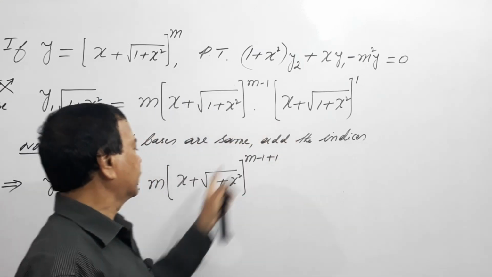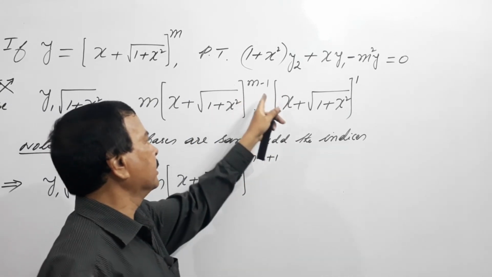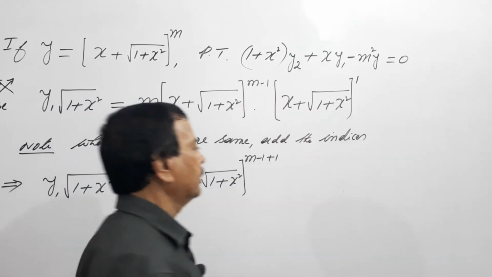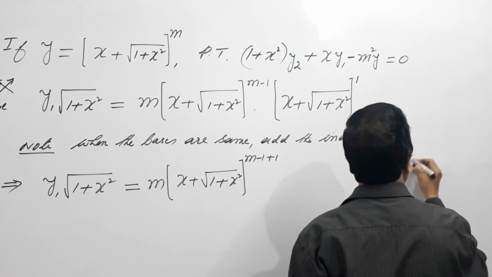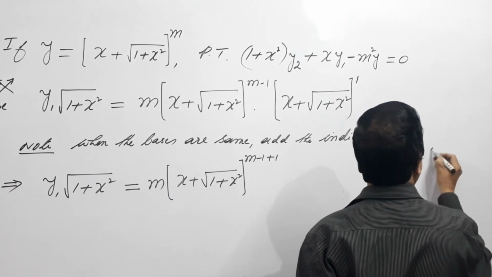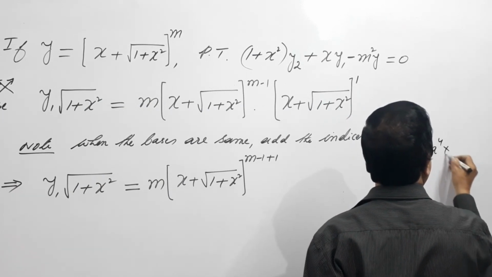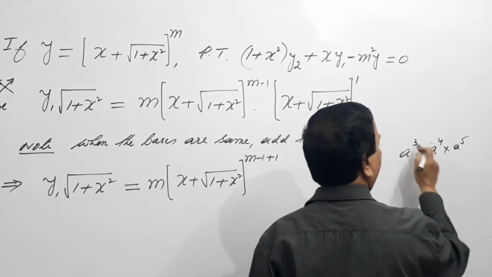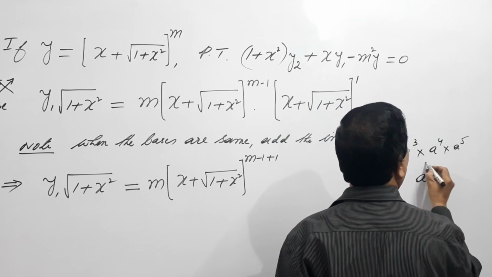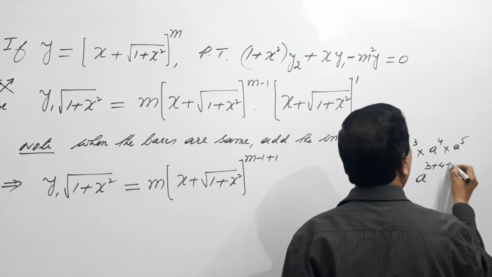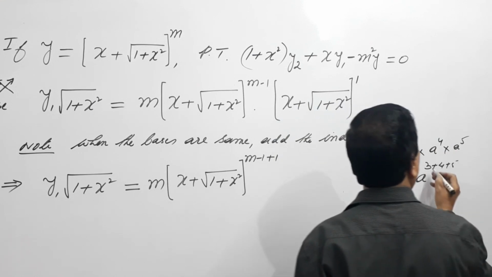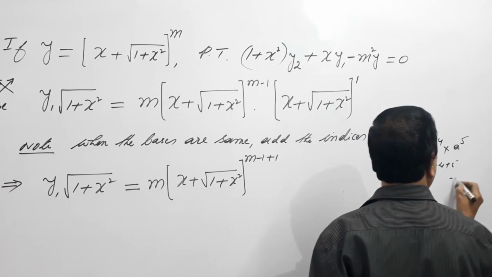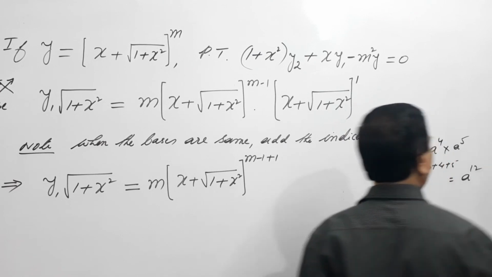So the bases are same, add the indices, m minus 1 plus 1. For example, if you have a to the power of 3 into a to the power of 4 into a to the power of 5, the bases are same, add the indices, that is 3 plus 4 plus 5, which is nothing but a to the power of 12.